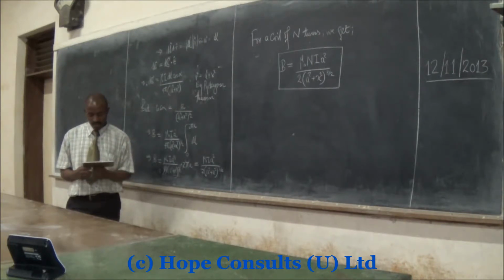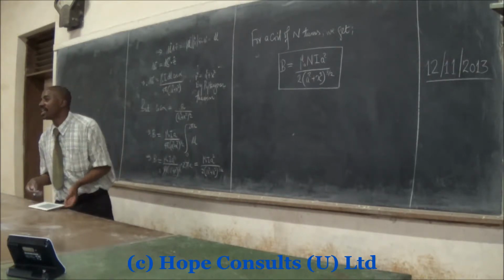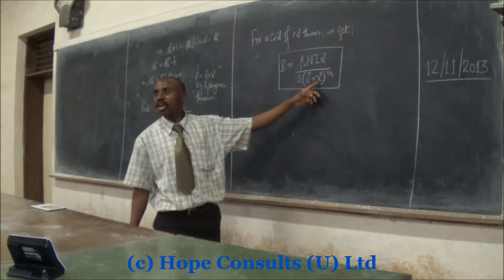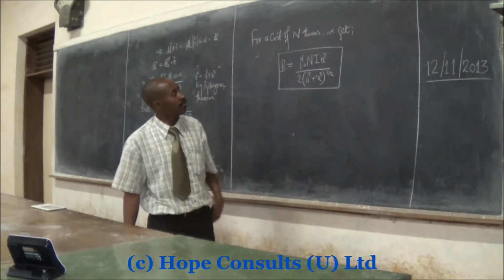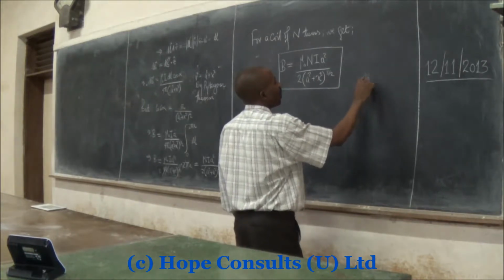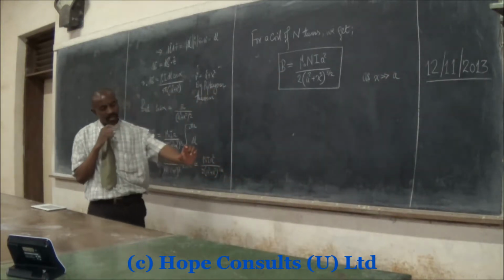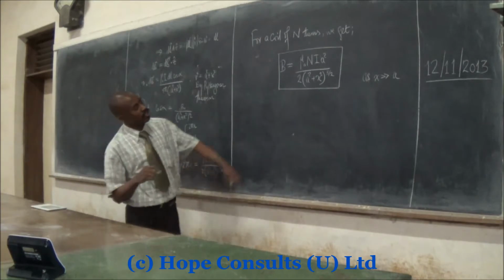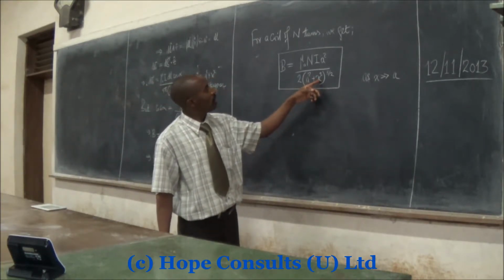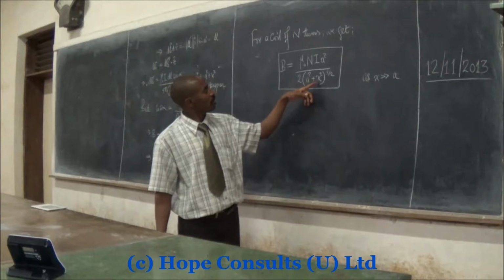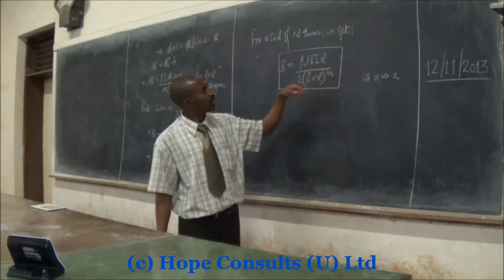But there's one thing we can take note of: if we were to move further and further away from the coil, that is, if X becomes as large as possible, as X becomes larger and larger than A, you are moving away from the coil, then what remains is x squared, which goes with this, so it becomes x cubed.